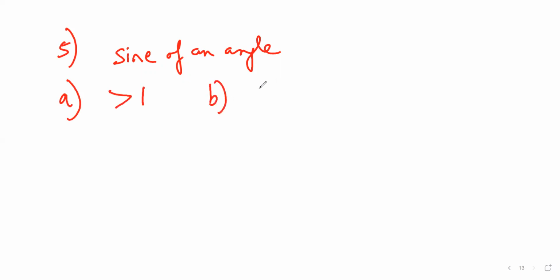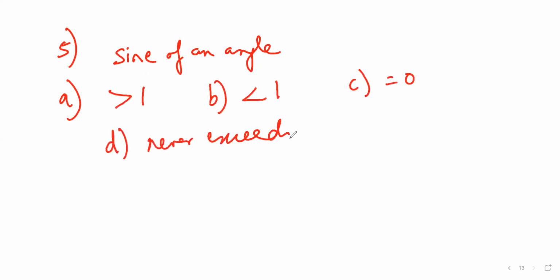B, less than 1. C, equal to 0. Option D, never exceeds 1. If you can recall what I told you in class, sine of an angle cannot be... these both are the same actually. So that I can put none here.